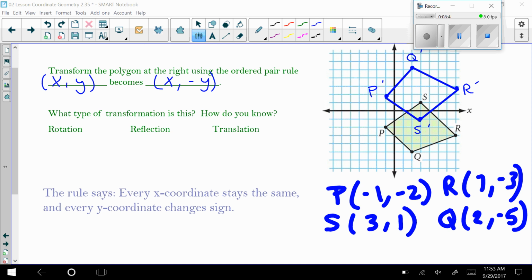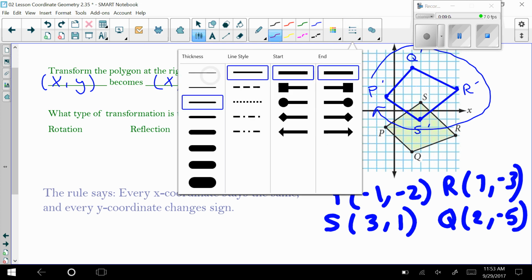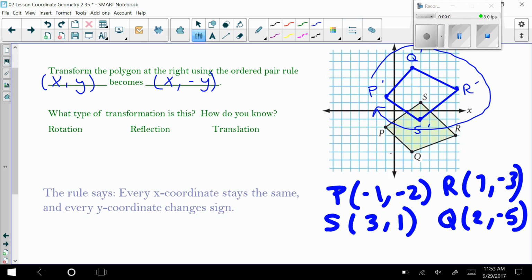If we go clockwise around our image, it's P', Q', R', S'. But if we go clockwise around our original figure, we have P, S, R, Q. So if you notice, the orientation has changed.